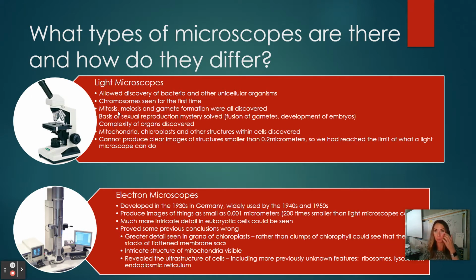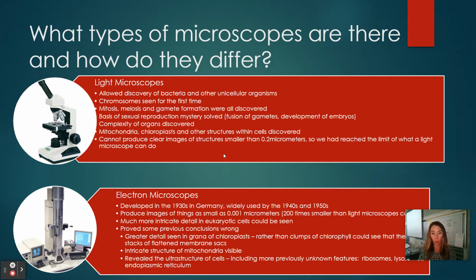We could look at how embryos develop, going from gametes to zygotes to embryos, what that looks like, and simple structures of organelles like mitochondria and chloroplasts were discovered. But it cannot see anything smaller than 0.2 micrometers. You guys love micrometers. Yay, calculations. So that limited what the light microscope could do, until the electron microscope.